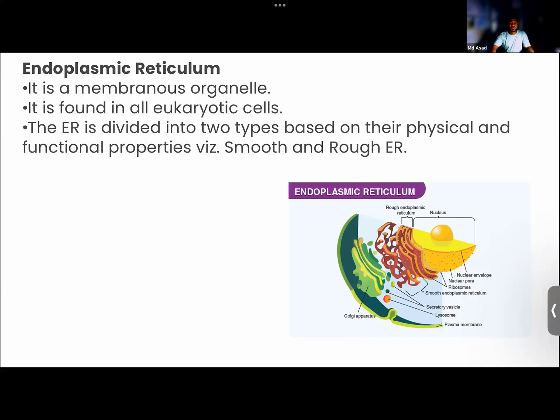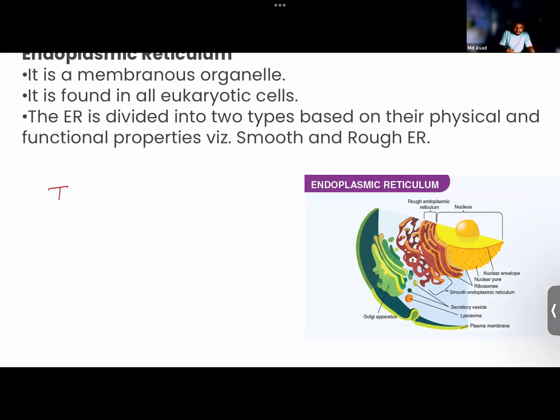Like our body has a transport system, via the blood and nerves the transport takes place. Via the nerve cells, messages are transported from our brain to various parts of the body and back to the brain. In the same manner, our cell has also got a transport system.